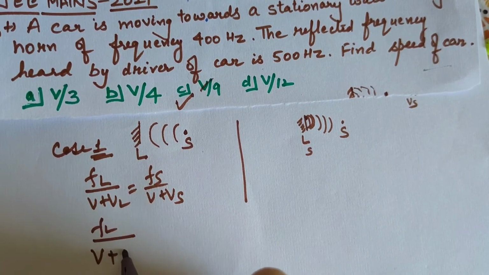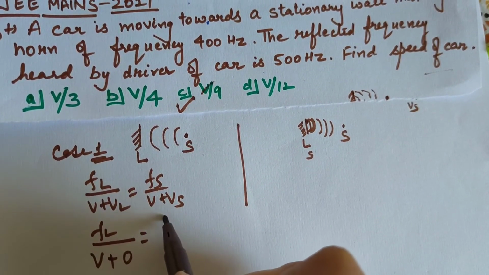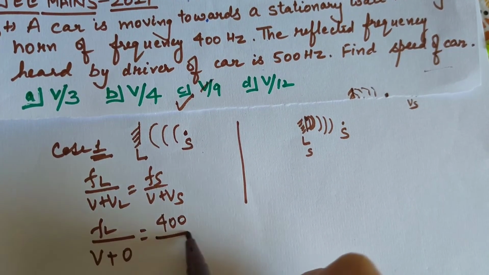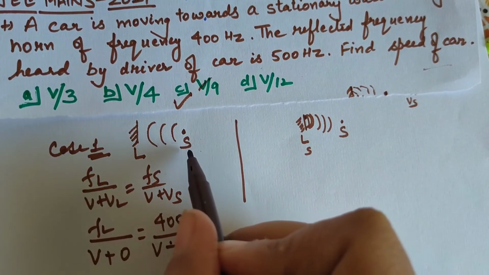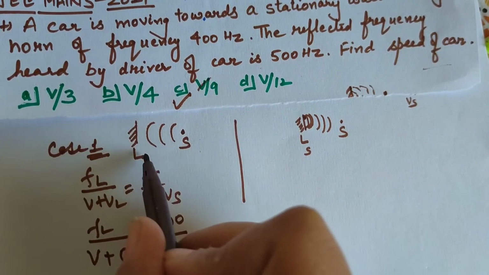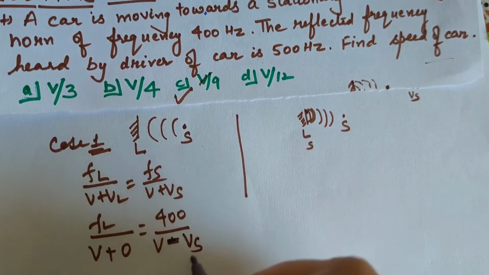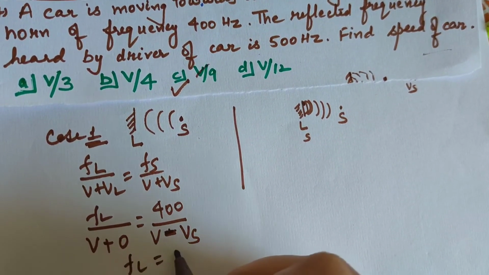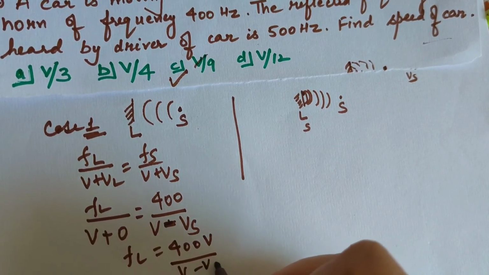Your wall is stationary, so put 0 here. Fs, frequency of the source, that is 400 given in the question, divided by V + Vs. Vs means the speed of source and it is coming towards the listener, so you have to use the sign convention minus Vs. So FL is going to be 400 into V divided by (V − Vs).